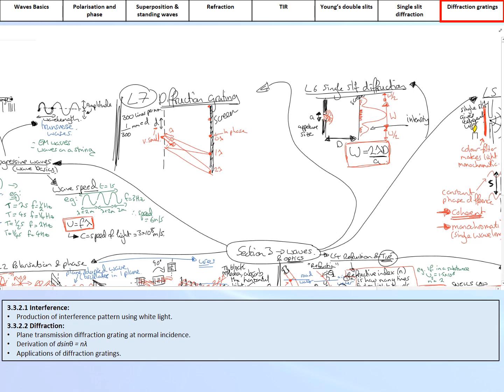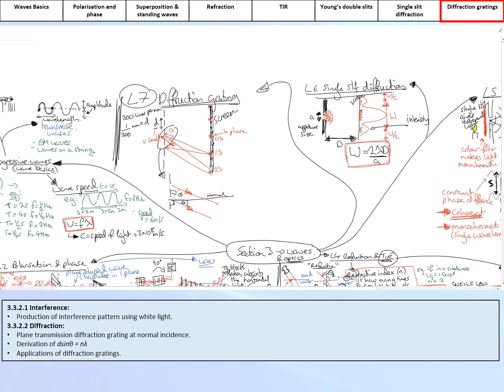What's the formula for this? Let's have a look at this triangle here. Just go for 2 of those slits. Here's the light coming off. That's our angle theta. That angle there is the same as the angle between the light that's coming out of the grating and the normal to the grating, which is this black line.